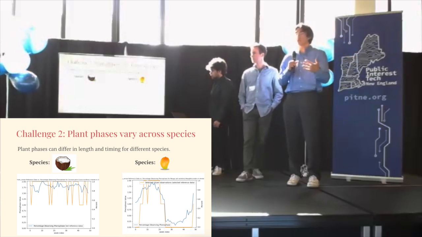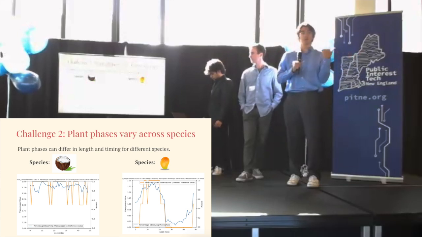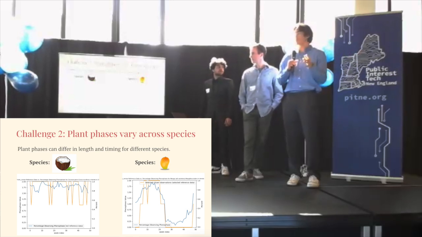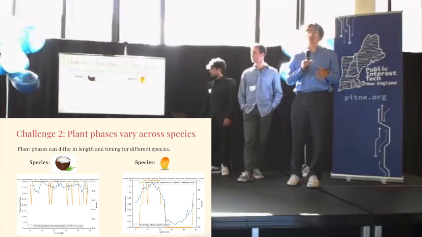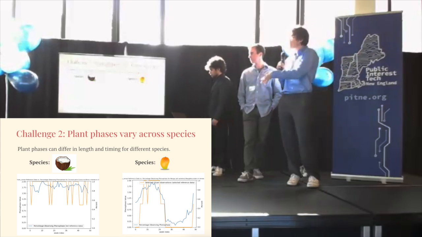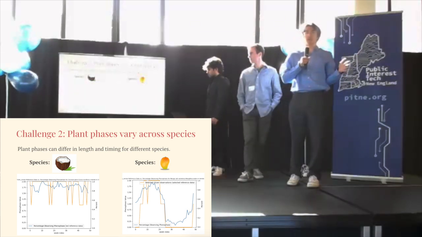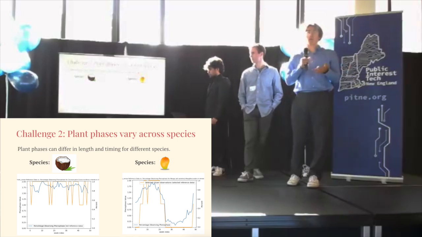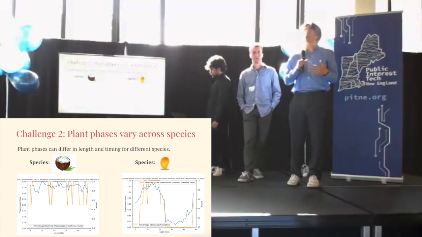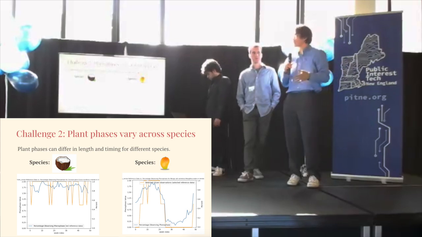This was a very difficult challenge for us, and we can talk about it more later when we get to our individual showcases. But mangoes follow a more traditional pattern of fruiting. In the first six months of the year, they will bear fruit, and then in the second six months, they will not. So it's much easier for us to find when these species start fruiting and when they stop fruiting.